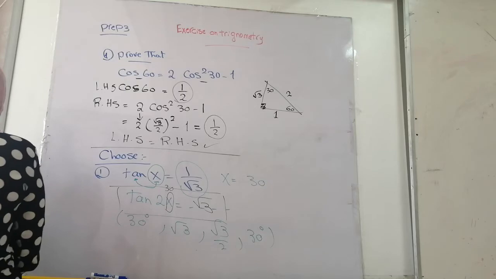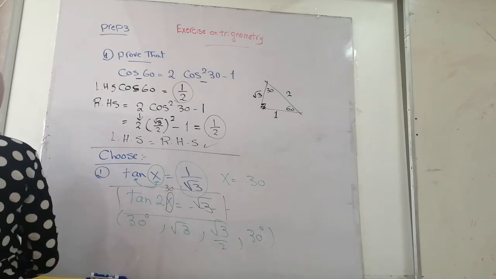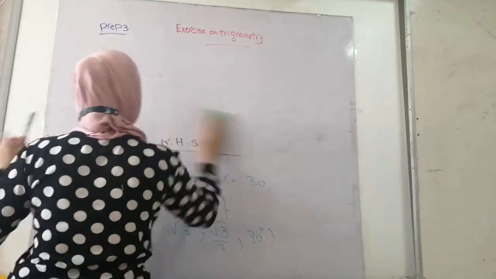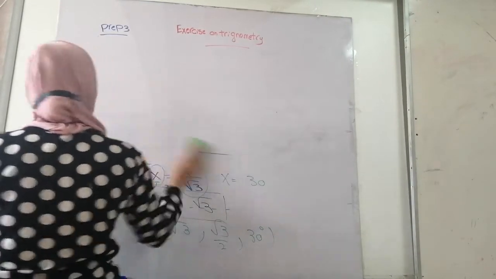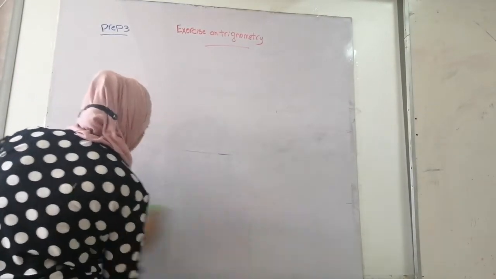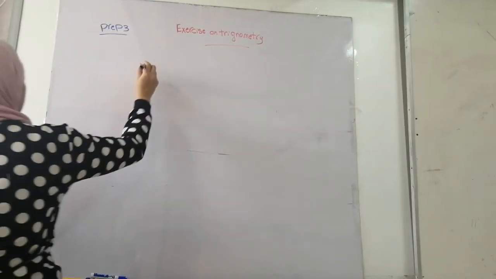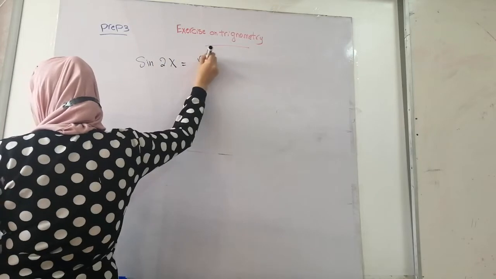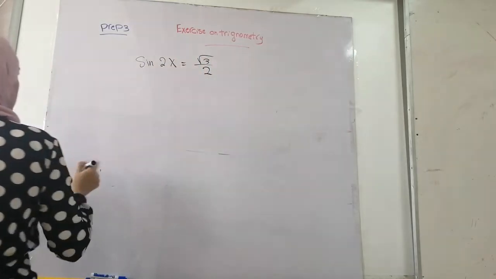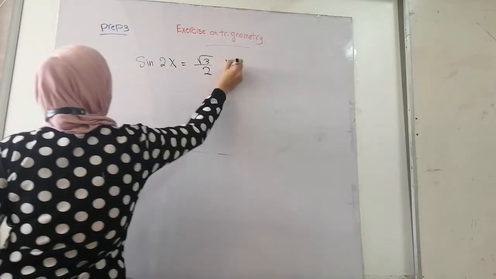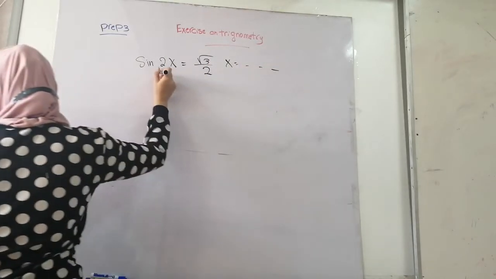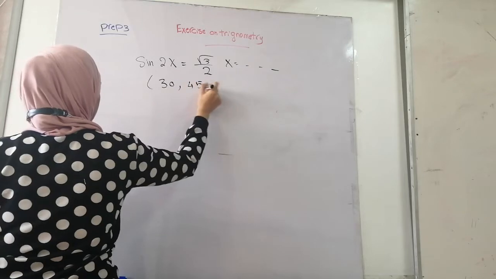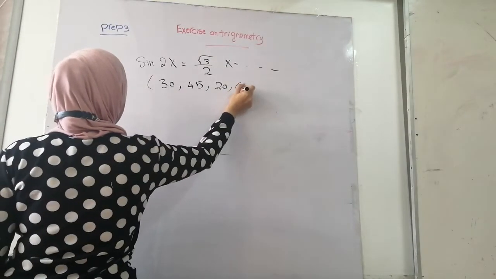Let's take another choice. If sine 2x equals root 3 over 2, find x. X equals what? The choices are 30, 45, 20, 60.